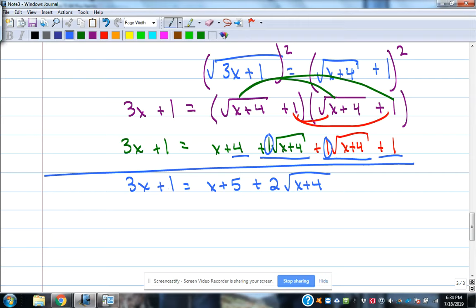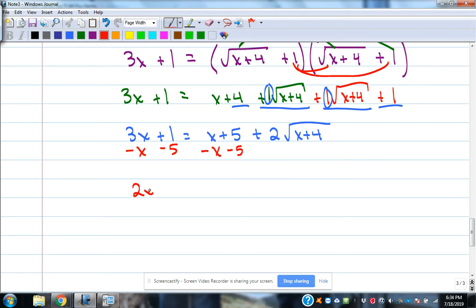It's get the square root by itself, right? So I'm just working to get this other square root of x plus 4 by itself. So I'm going to move the x and I'm going to move the 5 to the other side. And then I got that 2 in the front, but maybe I can figure out what to do with it. Let's get these over there. So move the x and move the 5.